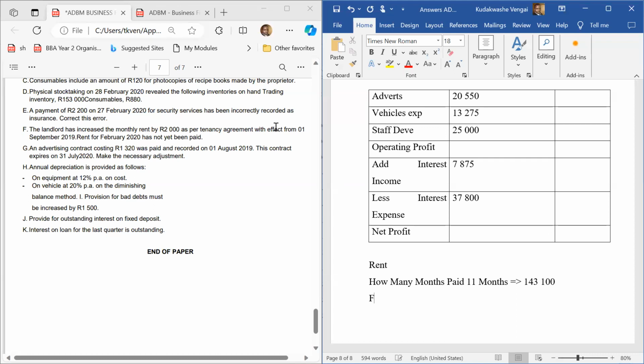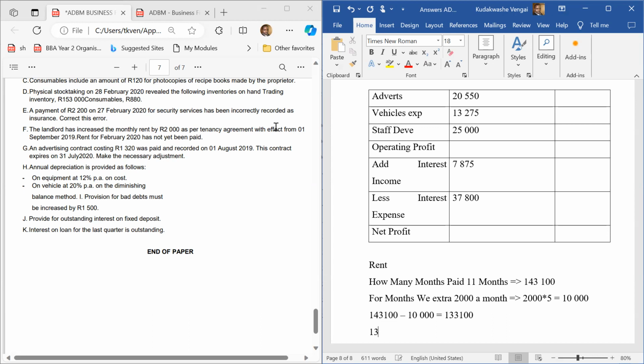So for 5 months, we paid an extra 2,000 a month. So how much extra rent did we pay? That's 10,000. That's the extra rent that we paid. So before the increase, it was 143,100 minus this 10,000, which gives you 133,100.